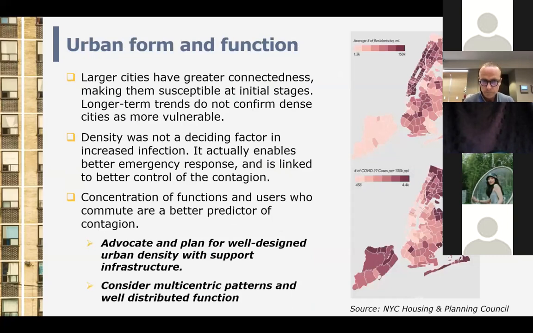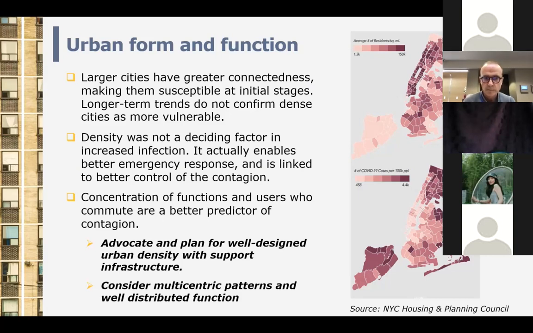Urban form and function also played a key role in the spread and containment of the virus. Larger cities have greater connectedness, making them more susceptible at initial stages. Density, however, was not a deciding factor in increased infection. It actually enabled better emergency response and is linked to better control of the virus.